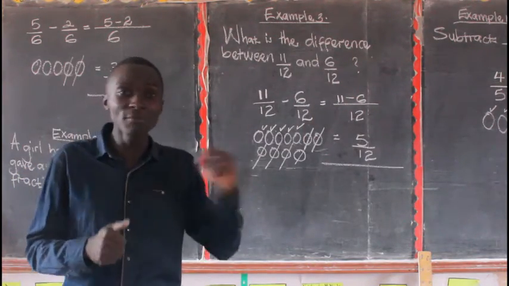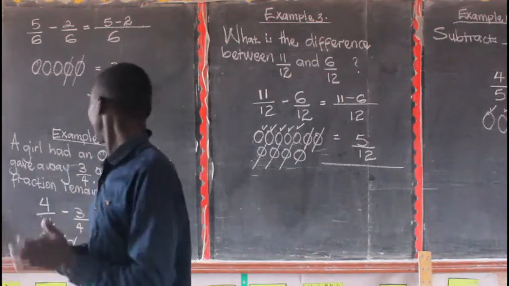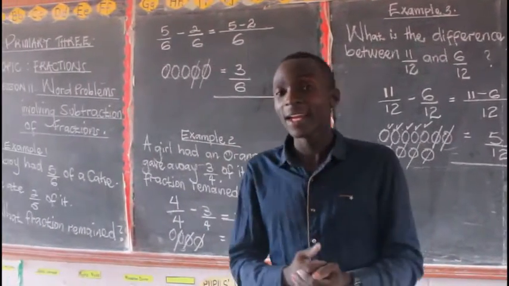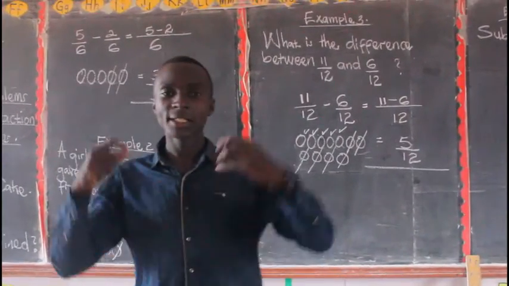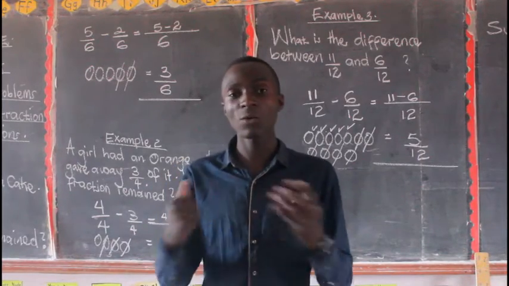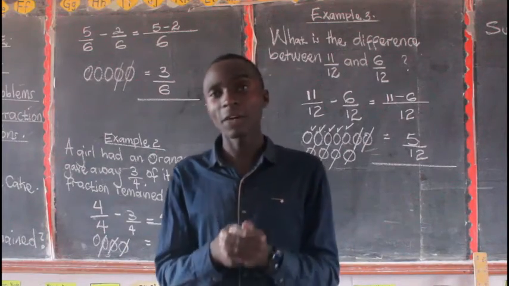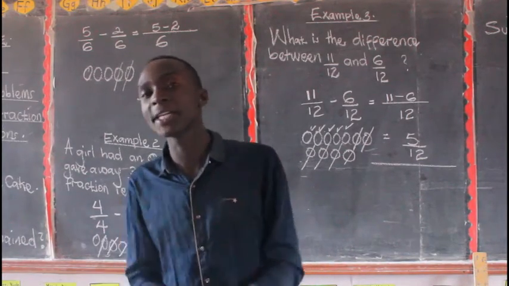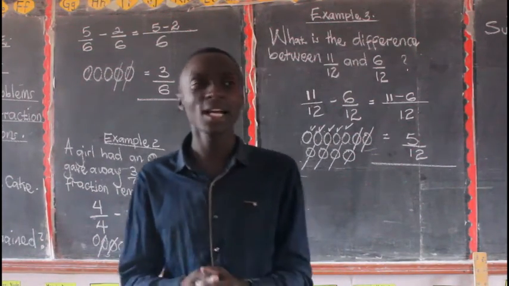We do have the word difference. We do have the words gave away and others. Those are the words which mean subtraction. We can say also decrease. Those are some of the other words that can be used to mean subtraction.